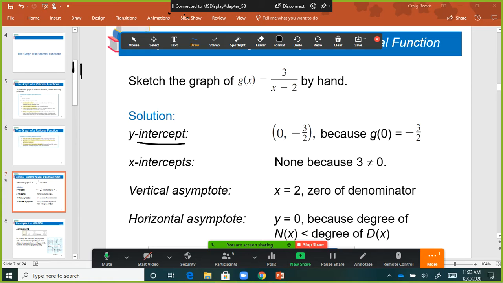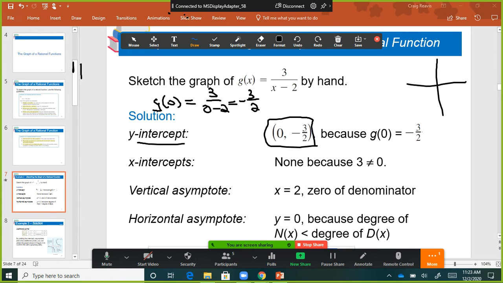So when I substitute 0 in for x, if I find g of 0, that's going to be the y-intercept. So basically that's going to be 3 over 0 minus 2, which is negative 3 halves. And that's where they get that right there. So if I'm graphing, then that's one point that I can graph. At 0, negative 3 halves, which would be right there, that's a point that's on this graph. So I know it crosses the y-axis at that point.